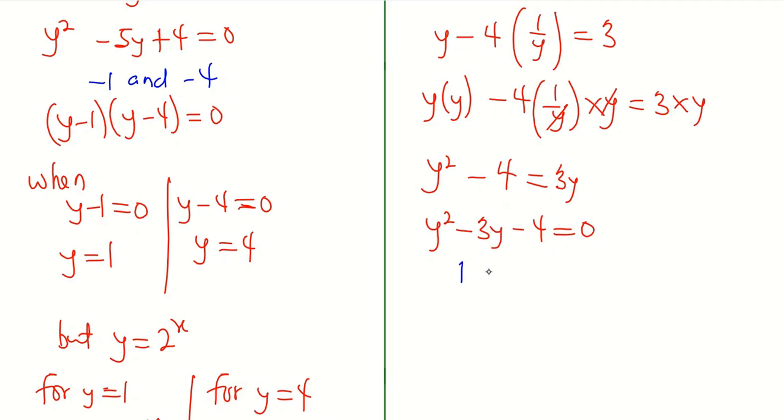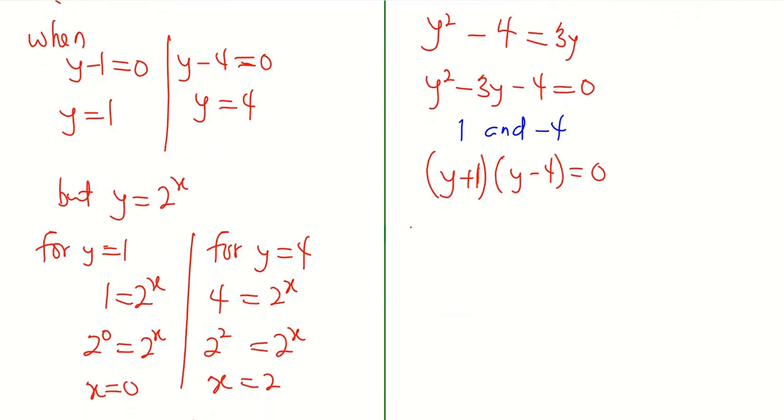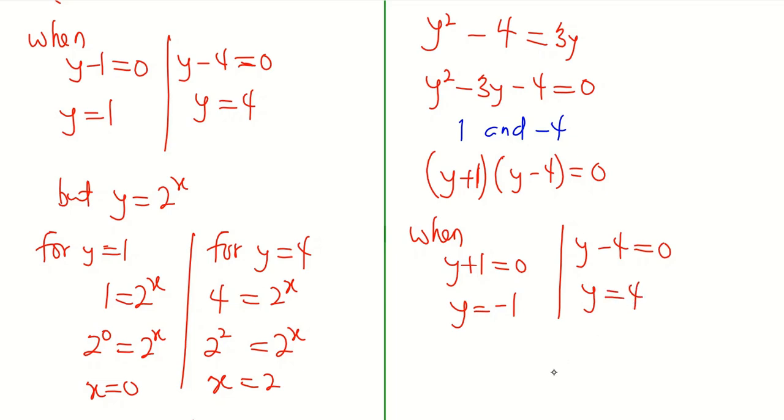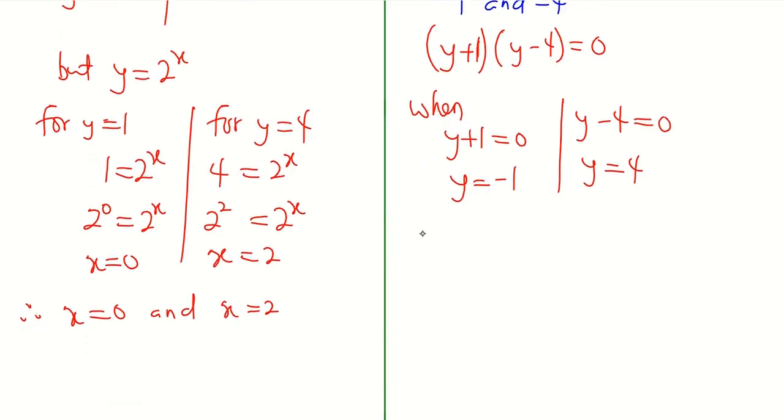So we can think of 1 and minus 4, which means our factorized terms can be written as y plus 1 multiplied by y minus 4, which is equal to 0. So at this point, we can see that when y plus 1 is equal to 0, the y value here is equal to minus 1. In the same way, when y minus 4 is equal to 0, then our y value here is equal to 4. Now we are interested in finding x.